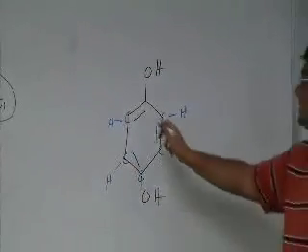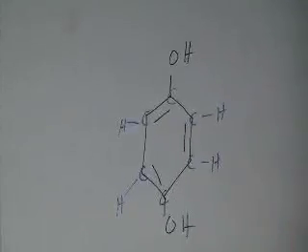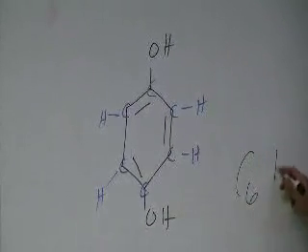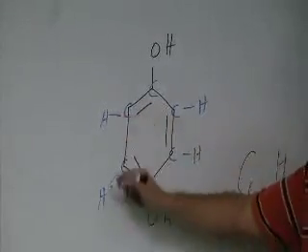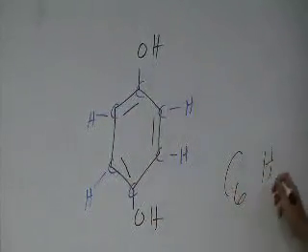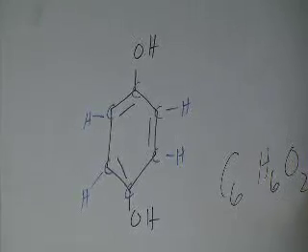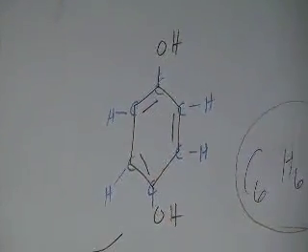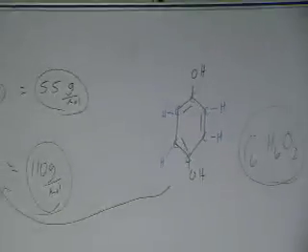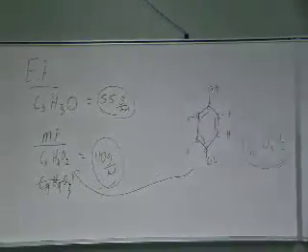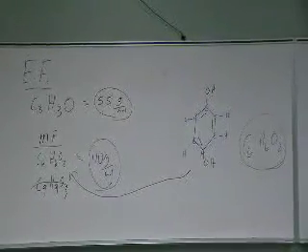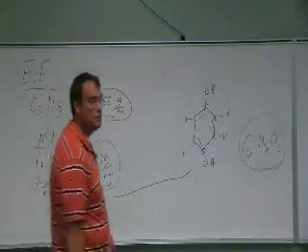How many do you see? Count for me the hydrogen. Okay, there's 4 blue ones. Count for me the oxygen. There we go. Hydroquinone. All right, or dihydroxybenzene. Some people call that dihydroxybenzene.